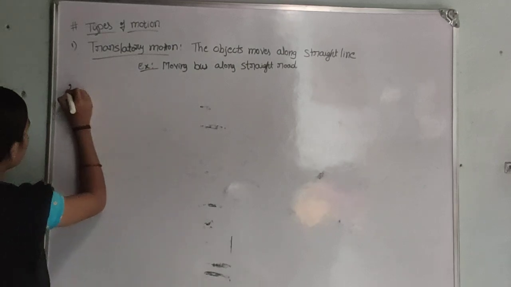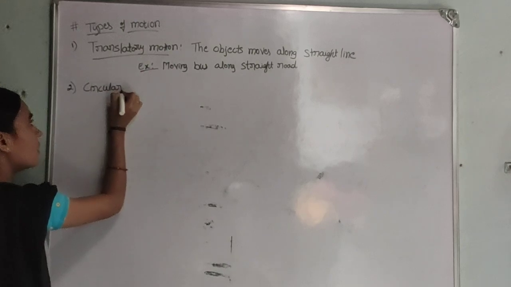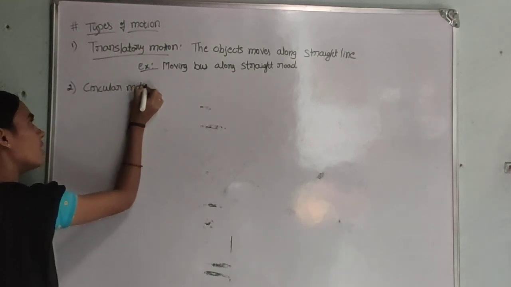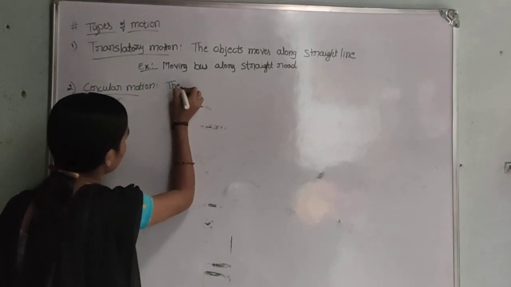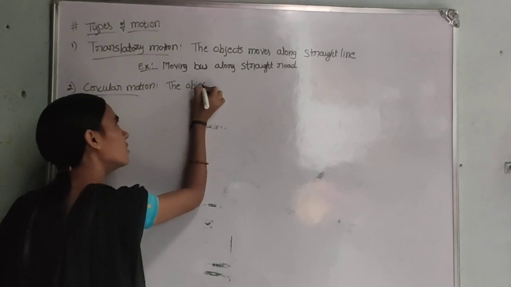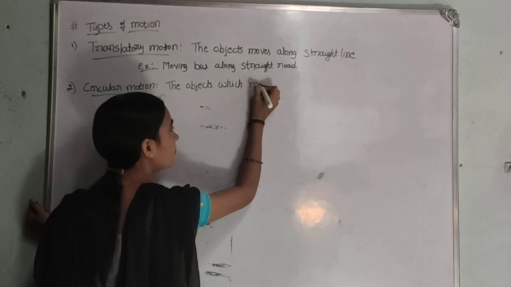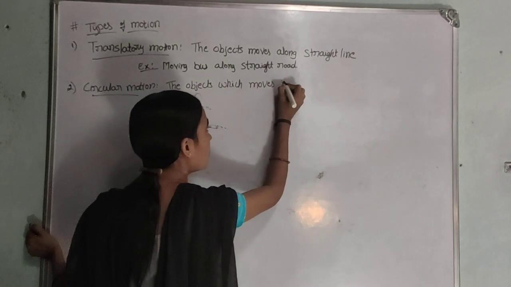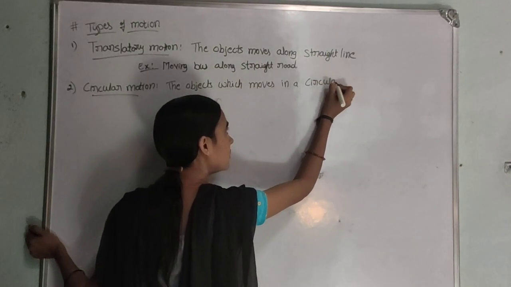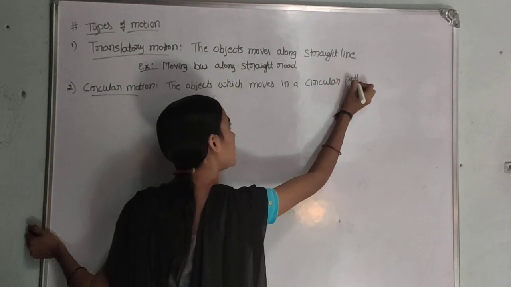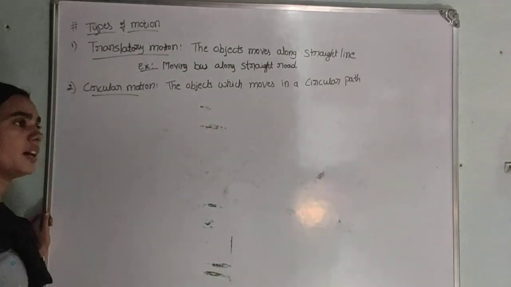The second one is circular motion. Its name itself indicates it: an object which moves in a circular path, such motion we call circular motion.